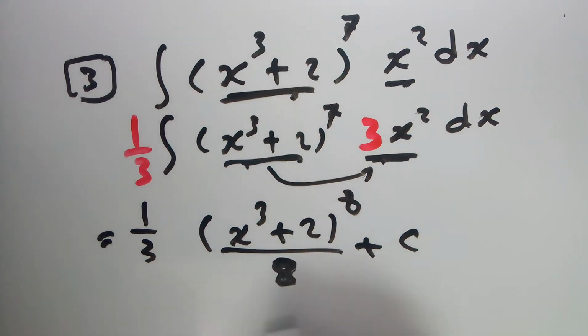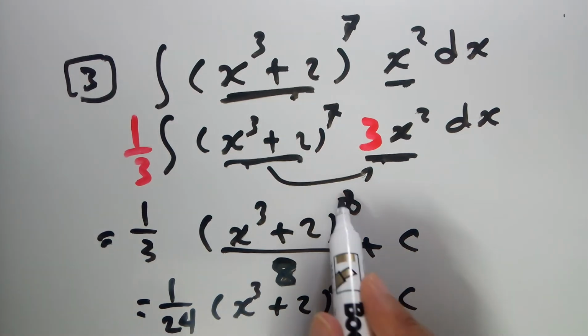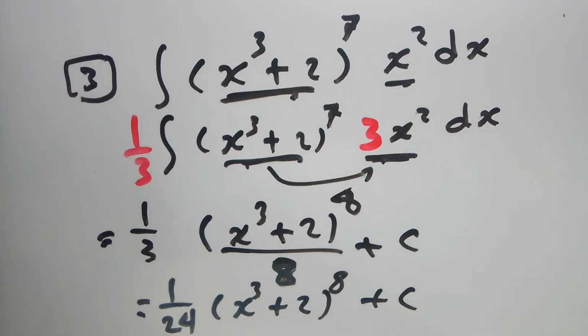Simplify: 3 multiplied by 8 is 24, so it will be 1 over 24 times x cubed plus 2 all to the power 8, plus c. So you can multiply and divide by a number. This is a way.